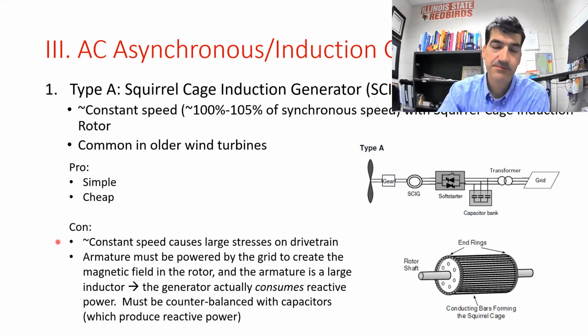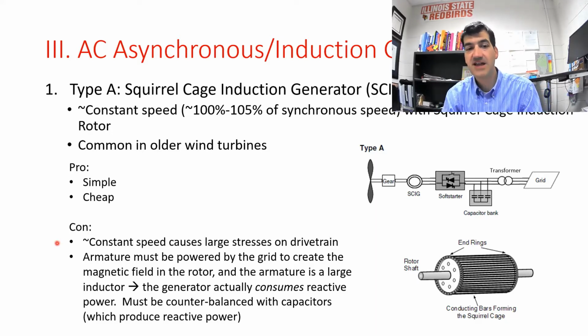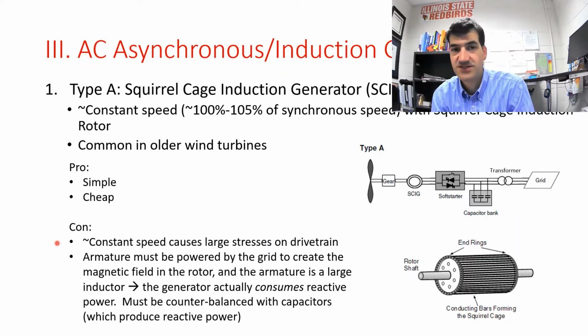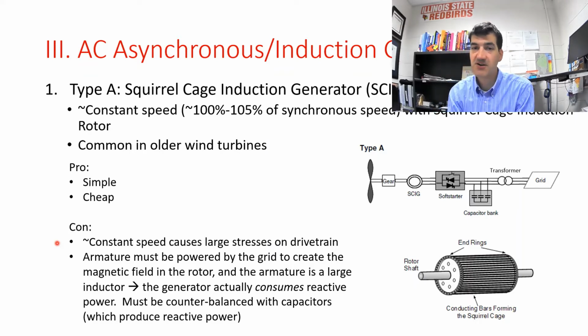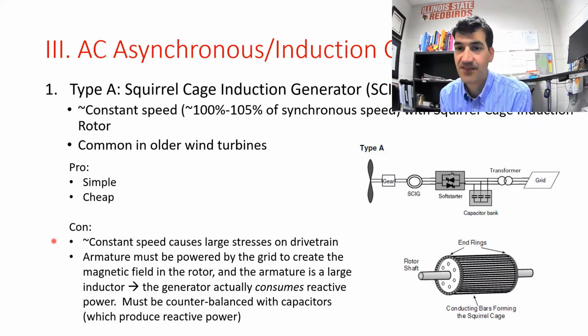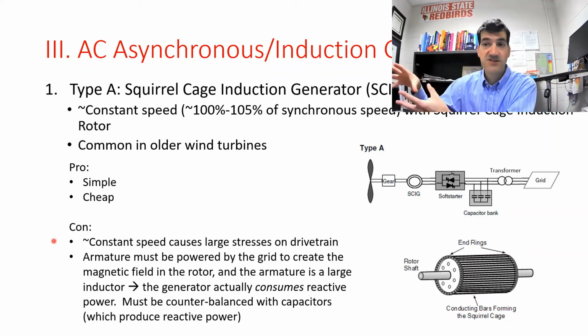So here are some pretty big disadvantages, and these disadvantages are why we don't use this design anymore. You will not see a brand new wind turbine that uses a squirrel cage induction generator because of these two main reasons. First of all, the almost constant speed, a little bit of variability, but not much. That causes a lot of stress on the drivetrain, which is the drive shaft and the gearbox and the high-speed shaft into the generator.